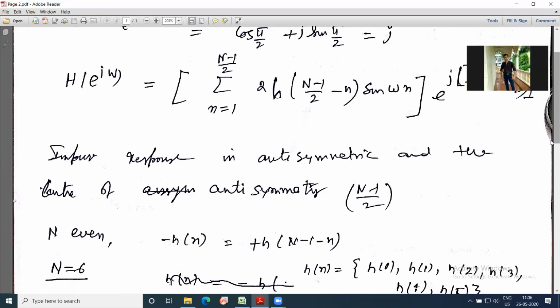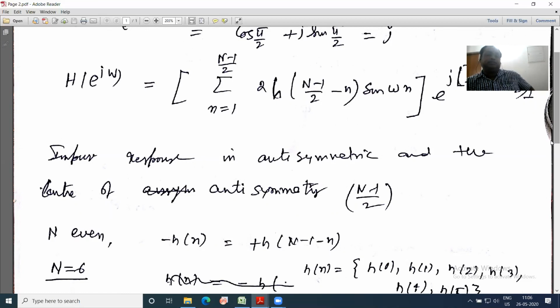So from this, what we have concluded is that if the impulse response is antisymmetric, then at the center of antisymmetry, that means h of n minus 1 by 2, this is equal to 0. This is one observation.